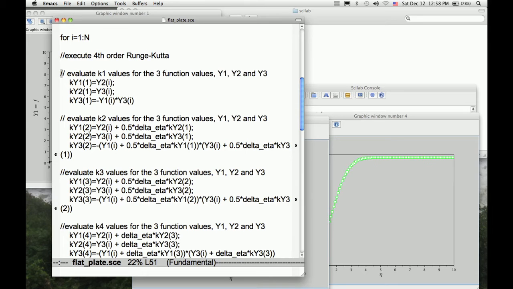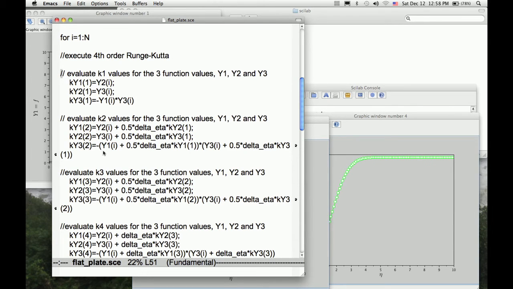Again ky2, so this is y3 which I had previously. To that again I add half into delta eta. Delta eta is the space in which I am carrying out the integration, into ky3 1 which comes from here, and here ky3 2.